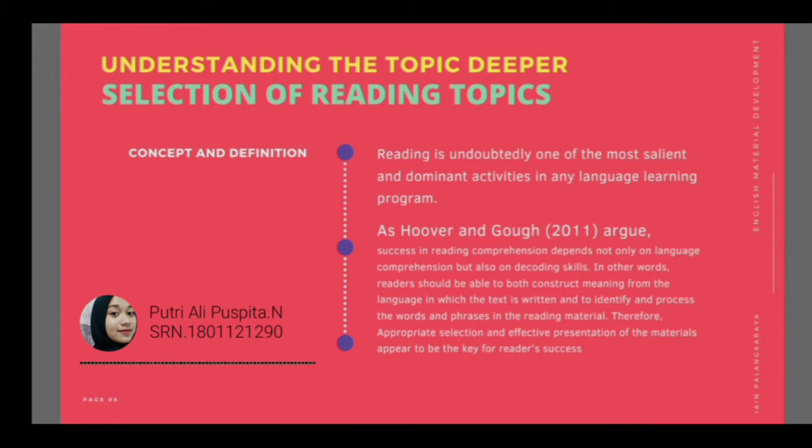In other words, readers should be able to both construct meaning from the language in which the text is written and to identify and process the words and phrases in the reading material. Therefore, appropriate selection and effective presentation of the materials appear to be the key for readers' success.